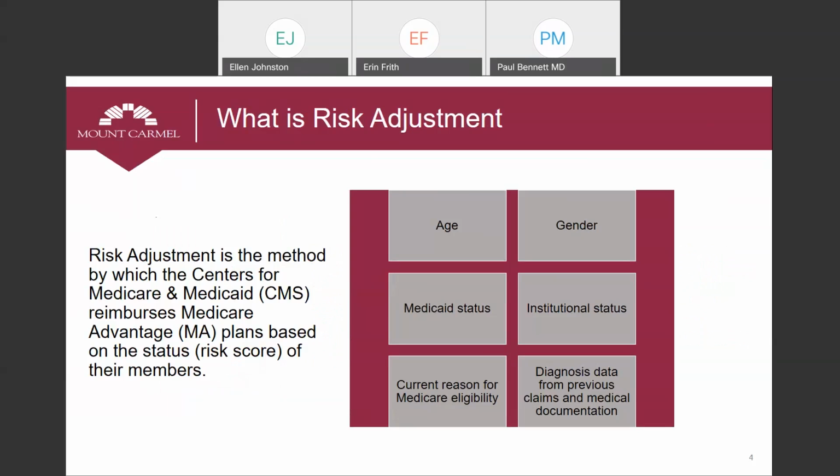There are many factors that determine resource allocation, both demographic and clinical. Demographic examples include age, patient gender, institutional status, Medicaid status, reason for being Medicare eligible. Clinical factors include chronic conditions and diagnoses that have been shown in CMS data to require more resources.